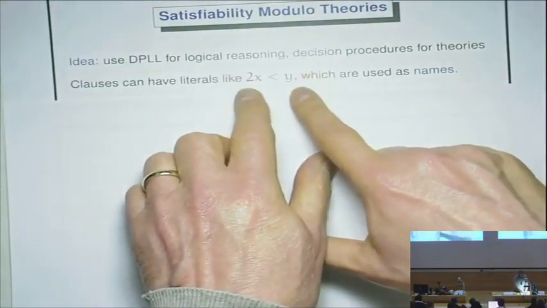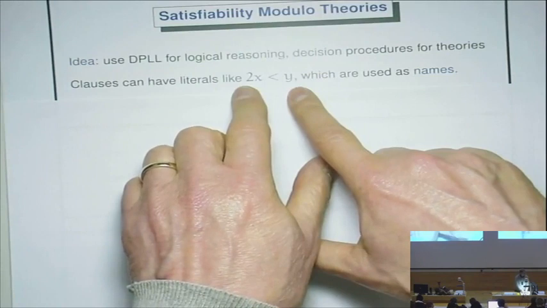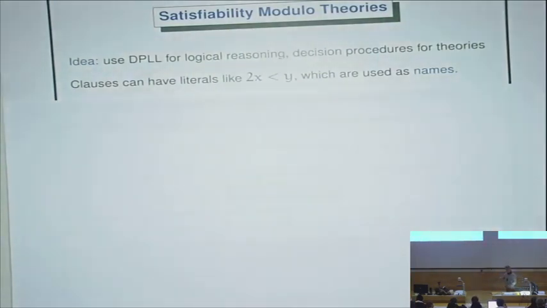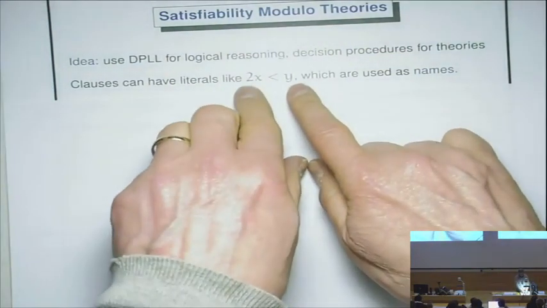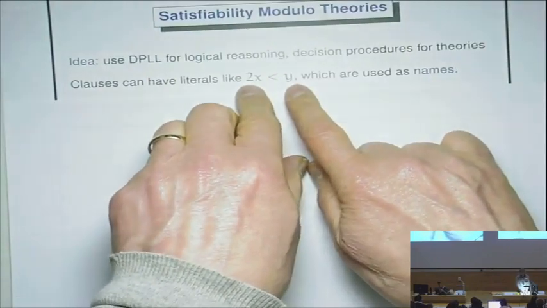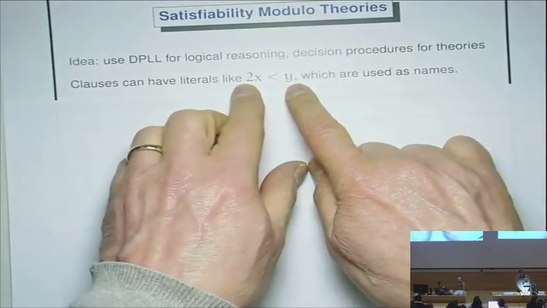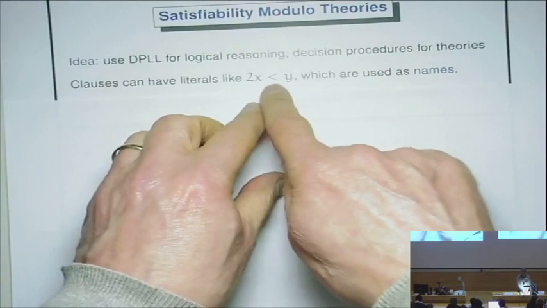Well, because we are going to be doing 2 things. We're going to be using DPLL with propositional letters, and we're going to get models out. Because remember, DPLL finds models, that is, it finds satisfying assignments of the letters. And then we're going to take these letters and say, okay, Mr. Decision Procedure, according to DPLL, 2x can be less than y.